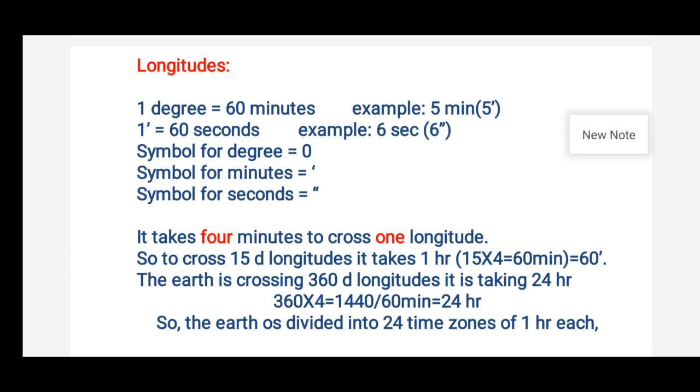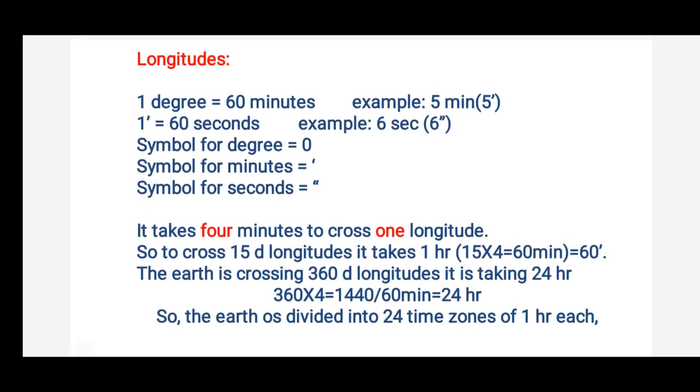The earth is crossing 360 degrees longitudes and it is taking 24 hours. 360 into 4 is the calculation, because to cross 1 longitude it is taking how many minutes? I told you, 4 minutes. That's why 360 into 4 is 1440. If you divide by 60, because 1 hour has how many minutes? 60 minutes.